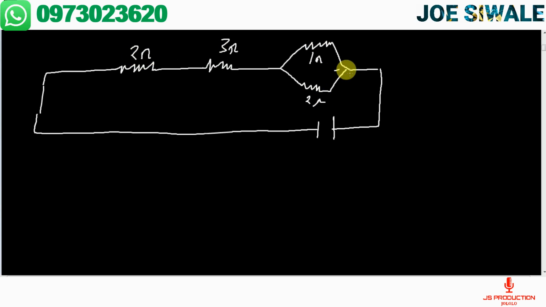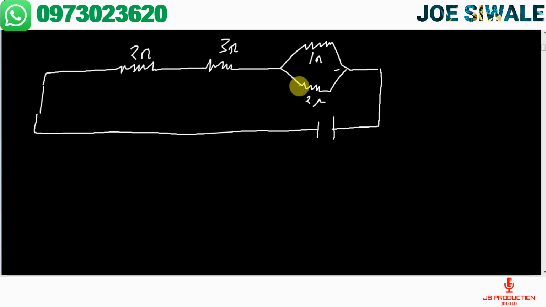And if I've been told to calculate the total resistance here, so I have two types of connections here. So 2 ohms and 3 ohms, they are connected in series, as you can see, and 1 ohm and 2 ohms, they are connected in what?